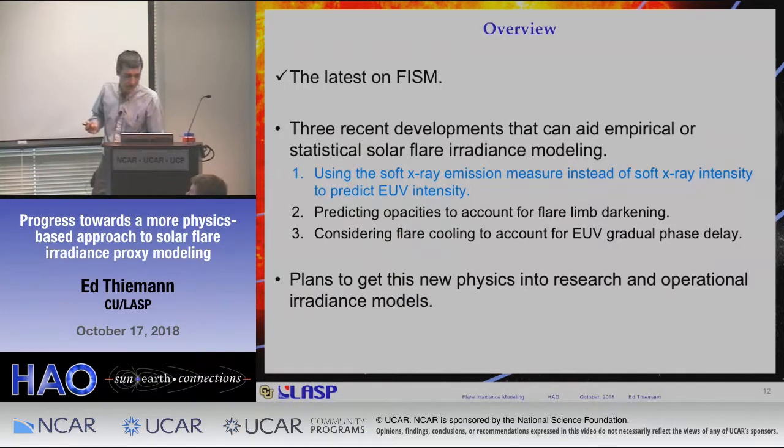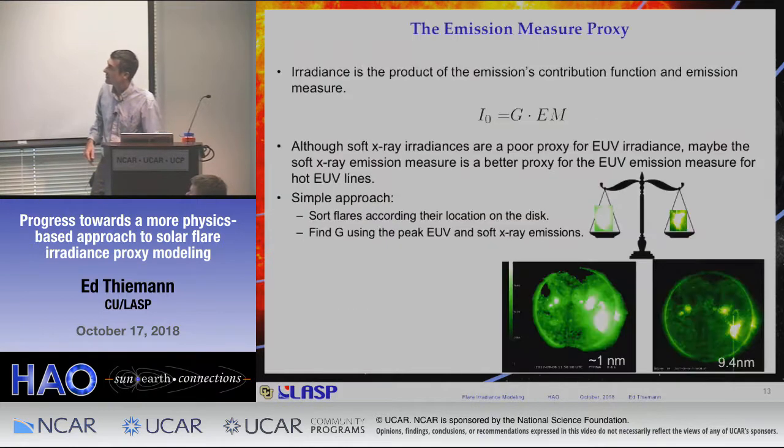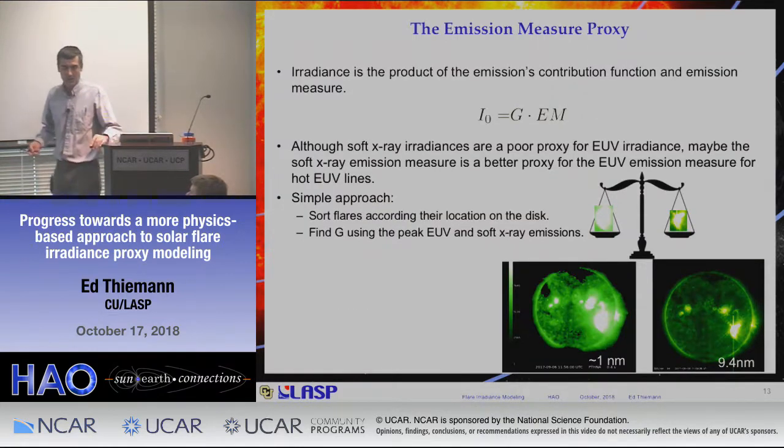by using the soft X-ray emission measure instead of the soft X-ray intensity to predict EUV intensity. The idea that EUV emissions are going to be proportional to soft X-ray emissions isn't really based on any physics at all. We do know that the intensity is proportional to the emission measure, where the proportionality constant is the contribution function.